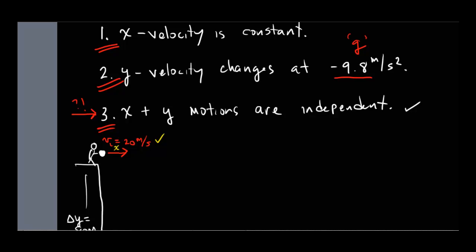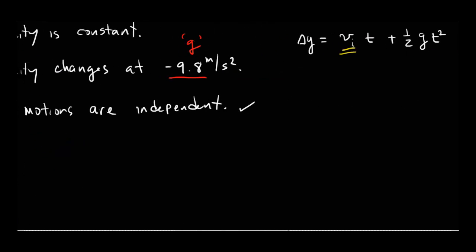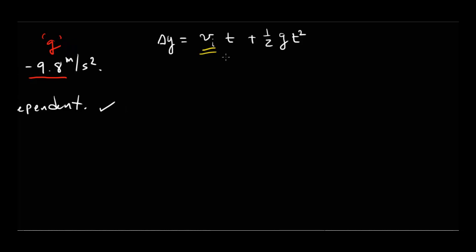It's not in the y direction, meaning the initial velocity in this equation is really v initial only in the y direction now, because I'm only thinking about the y direction. And so this is 0 for my problem. V initial in the y direction is 0, because I didn't throw it down at any angle or up at any angle, so the initial velocity in the y direction is 0.